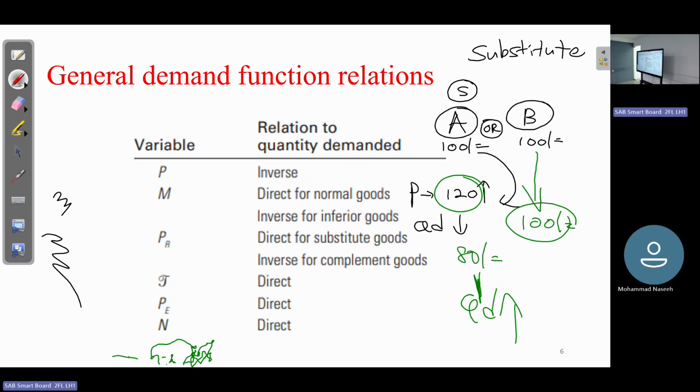Cheaper and expensive. Cheaper than other, expensive can cheaper and expensive.